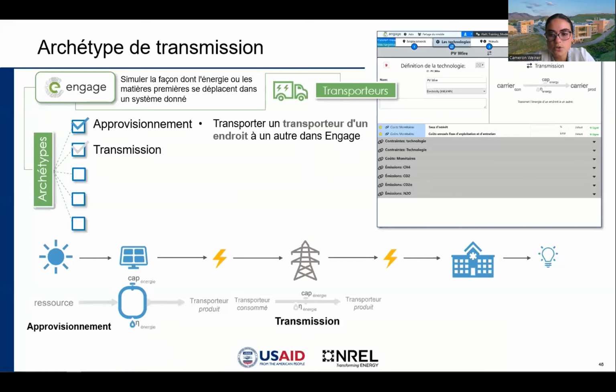Now you should see your new transmission technology option. In the red banner carrier dropdown, go ahead and select electricity as the carrier and click Save. We're using electricity as the carrier for this transmission technology because we want to be able to transport the electricity generated by the PV plant to meet the electricity demand at the hospital.